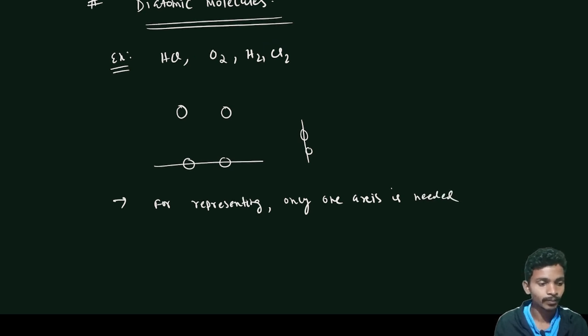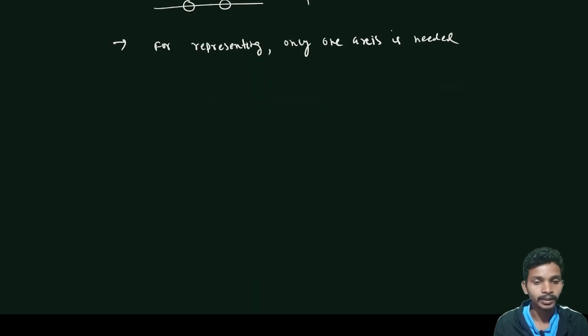Now, before discussing more about it, let's discuss the diagrams. Let's say this is v equal to 0 and v equal to 1.